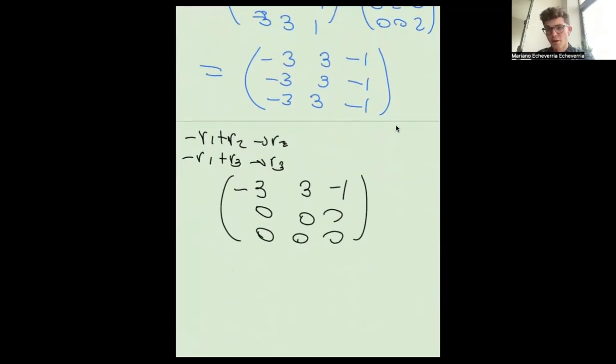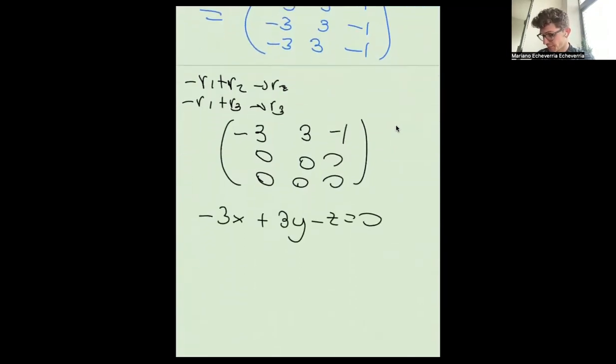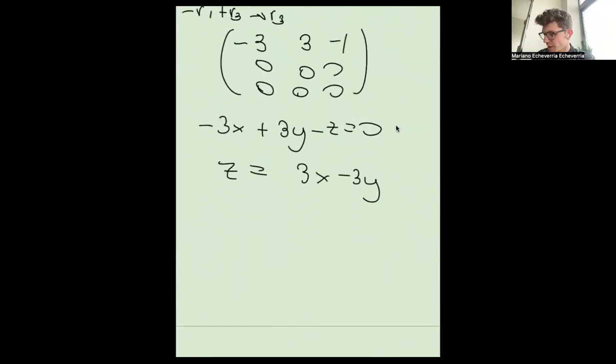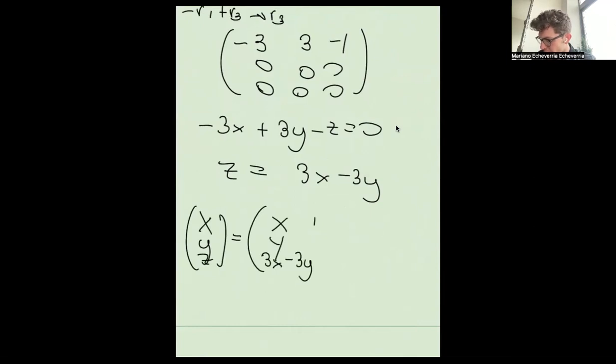So the homogeneous system gives you minus 3x plus 3y minus z equals 0. You can solve for z, since the other coefficients are 3. So z equals 3x minus 3y.